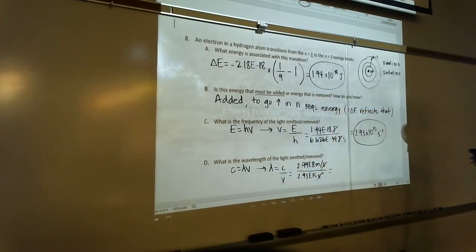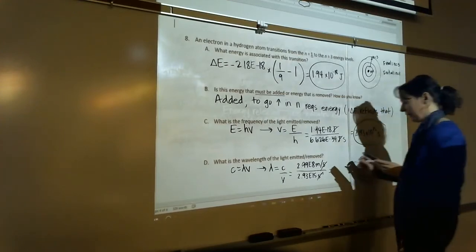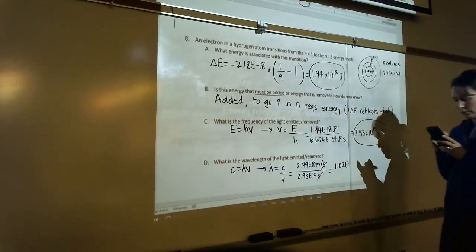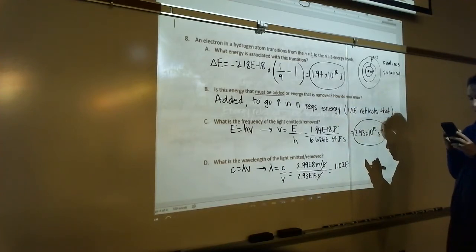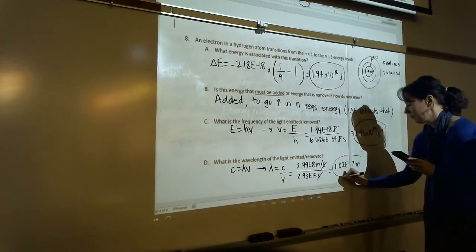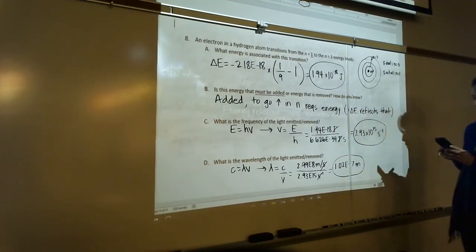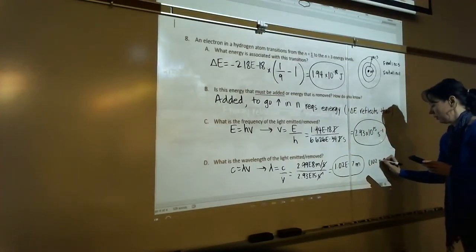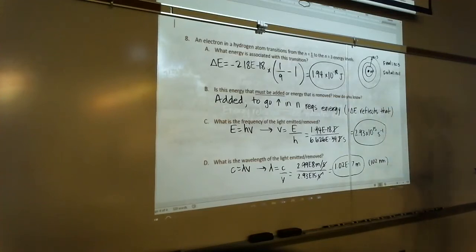So we are left with meters. So 2.99 times 10 to the 8th divided by 2.93 times 10 to the 15th. I get 1.02 times 10 to the negative 7 meters. If you want to convert that to nanometers, that would be 102 nanometers.